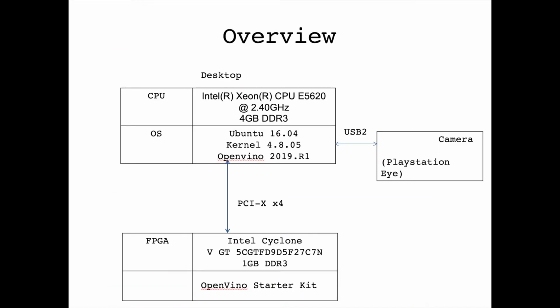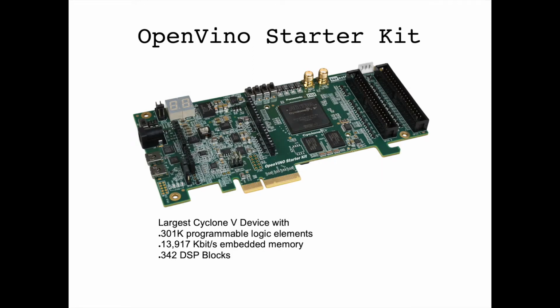Let's talk about hardware now. The desktop computer has an Intel Xeon CPU. The OpenVINO kit is connected through PCI Express and is composed of an Intel Cyclone 5 FPGA. The camera is connected through USB 2. The FPGA has 301,000 programmable logic elements and 342 DSP blocks.